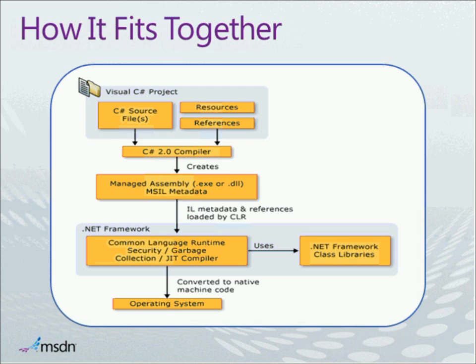The just-in-time compiler will convert the intermediate language code into the true machine language for the machine it's running on at that point in time. That's one of the beauties of the just-in-time compiler: it can do this very rapidly and efficiently, and interestingly enough, it only does it for the code that you're actually asking to be run. There are ways that you can ask it to compile everything. However, in most cases, that's not necessary.